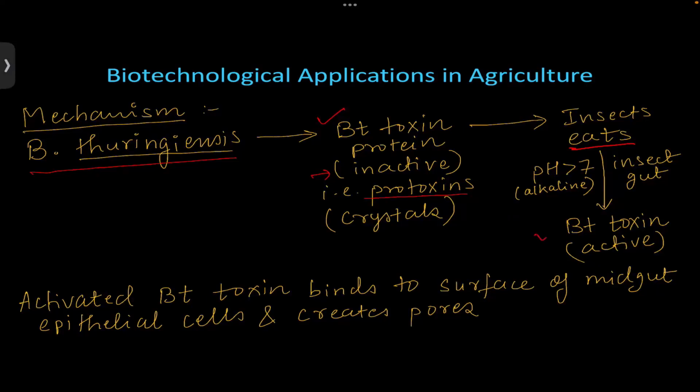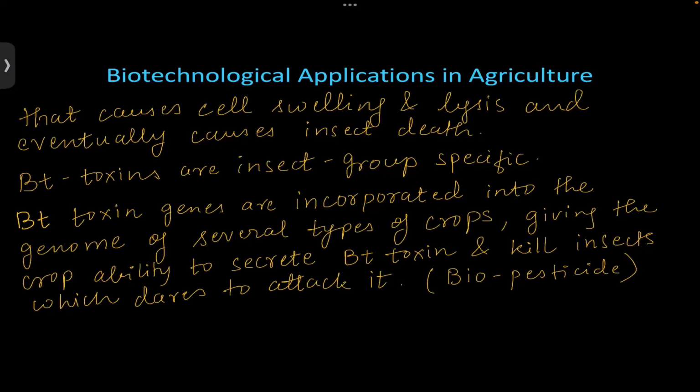And when it activates, it will then bind to the cell surface of epithelial cells in the gut, okay, and will cause creation of pores on the cell surface. Because of creation of pores, there will be more and more intake of water, due to osmosis, right?